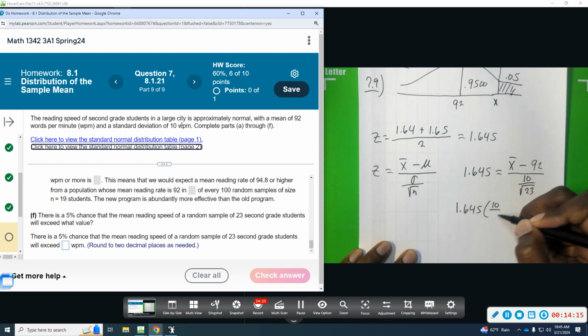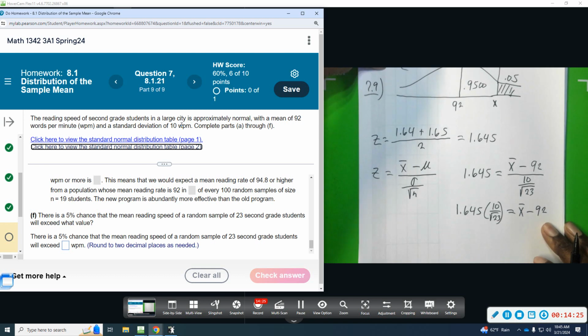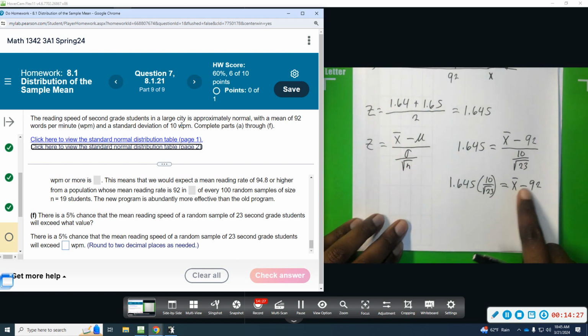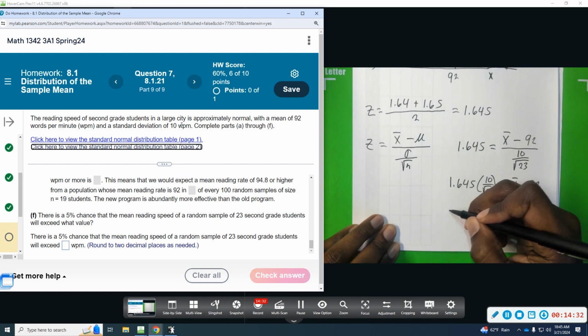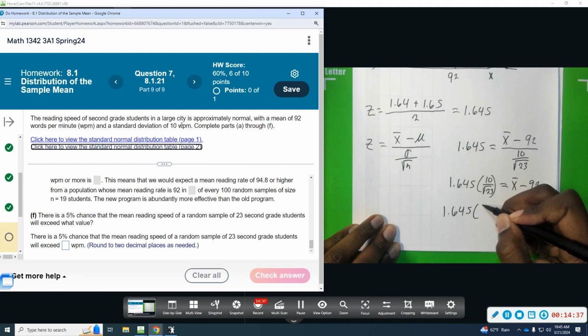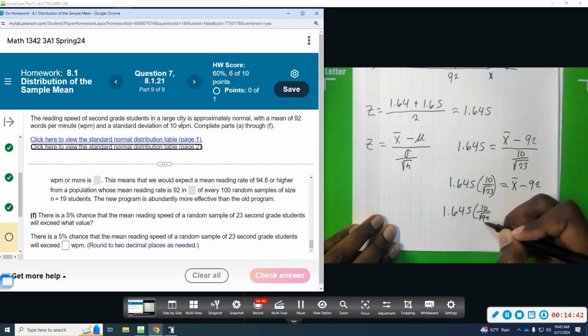Times 10 over square root of 23, and that's going to be equal to x bar minus 92, and then we're going to add the 92 to get the x bar by itself, and that will find our value. So 1.645 times 10 over square root of 23, plus 92 equals the x bar.